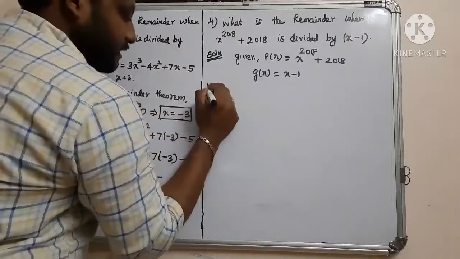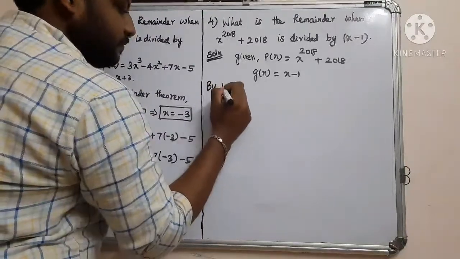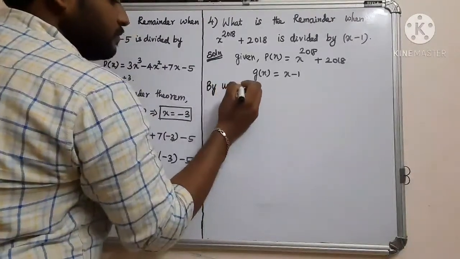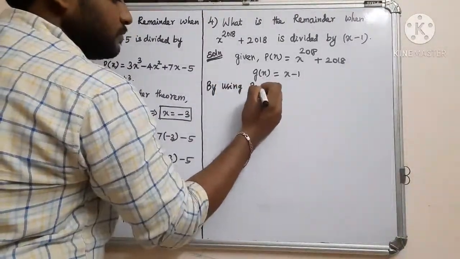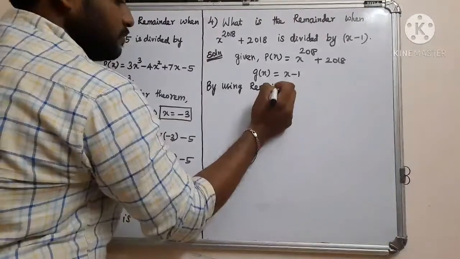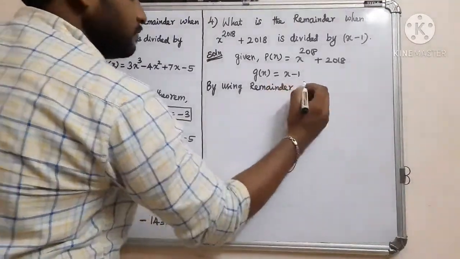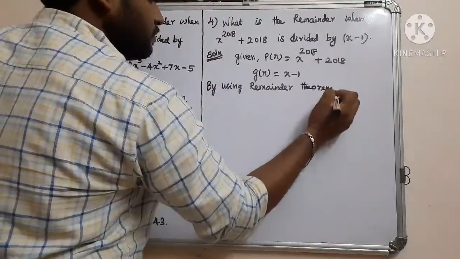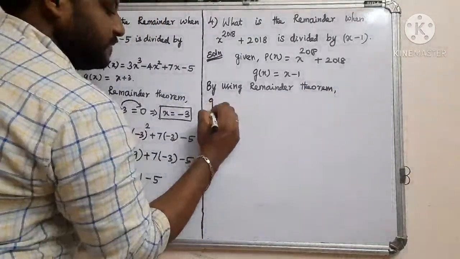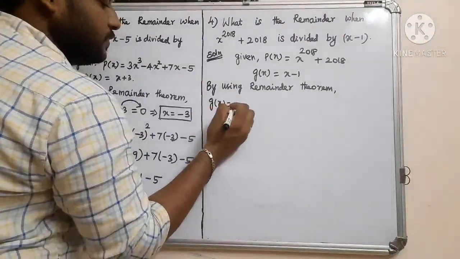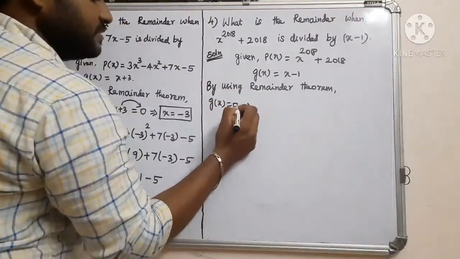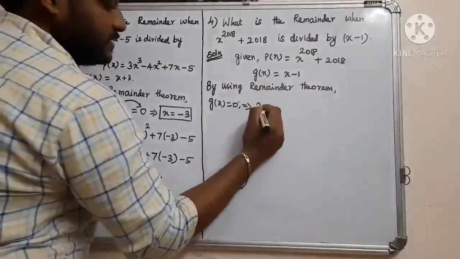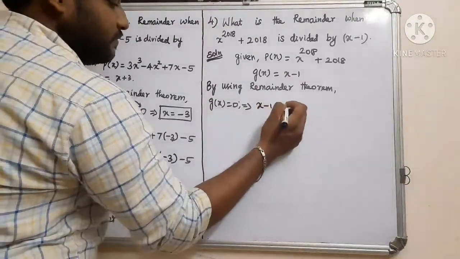So by using the remainder theorem, g of x must be equal to 0. So what is g of x? x minus 1. So x minus 1 is equal to 0.